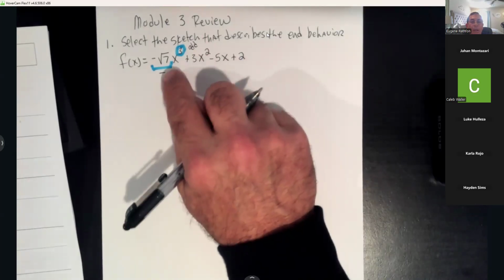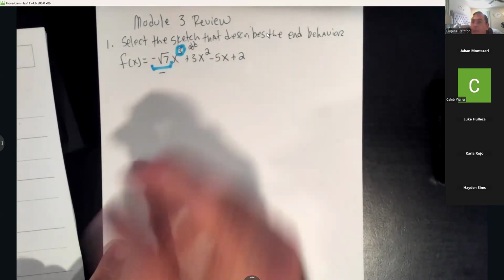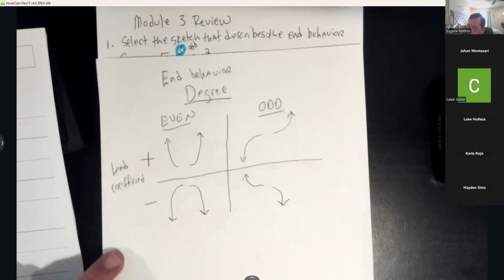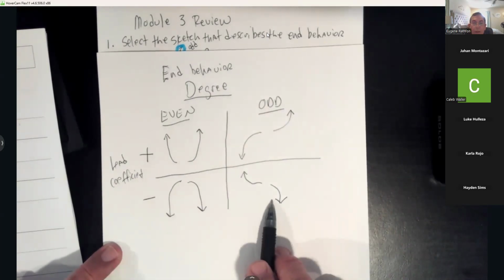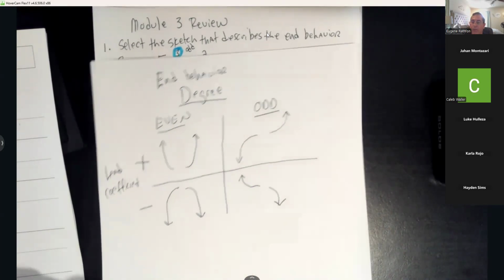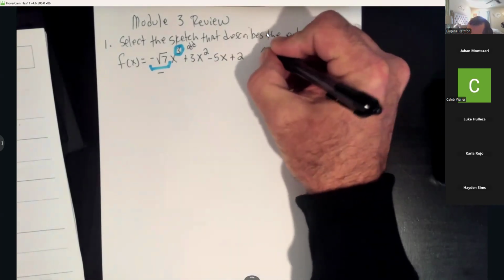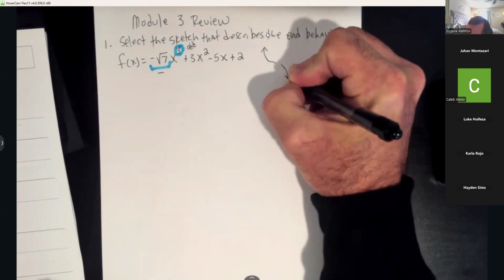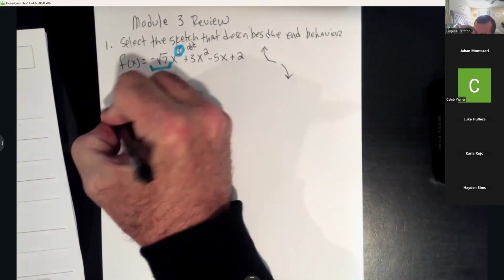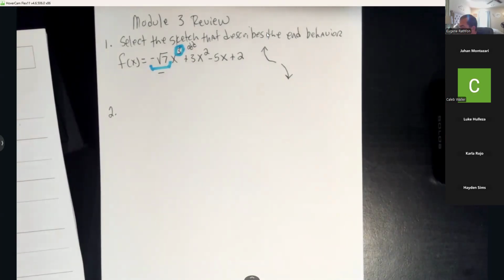So when it was odd and negative, so here you go, odd and negative, it will go downhill left to right. All right, y'all. So good idea to get that chart for this test, okay?